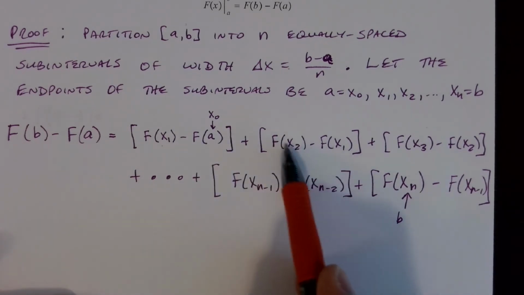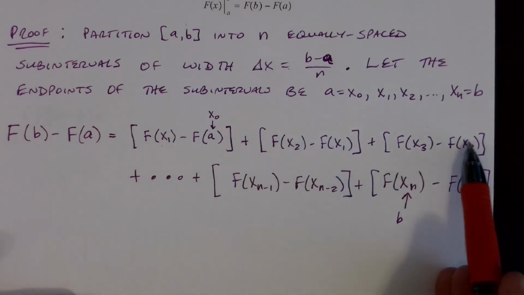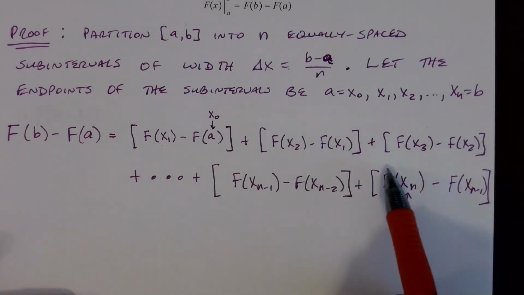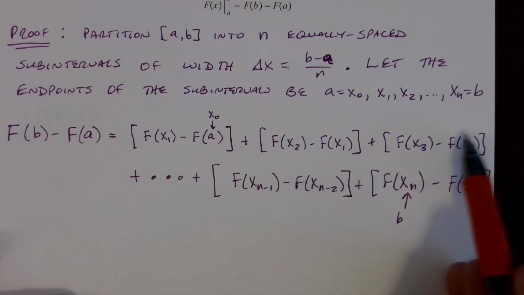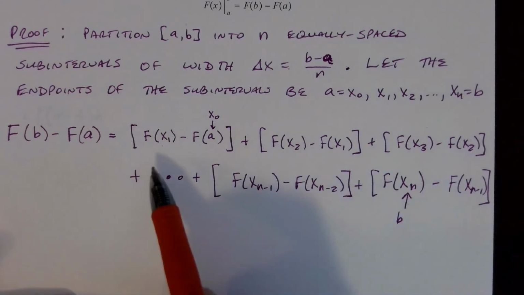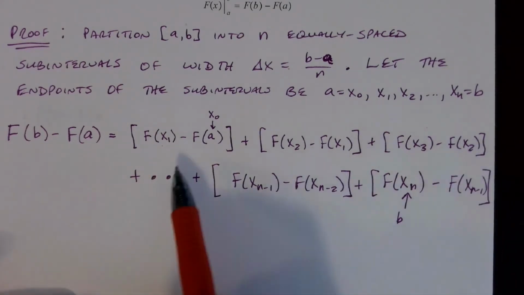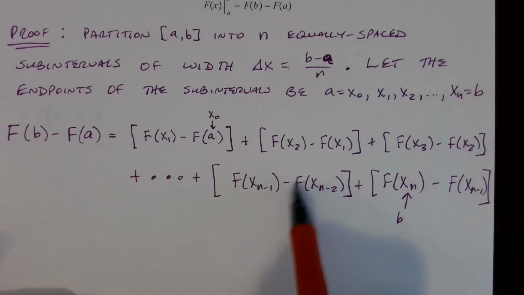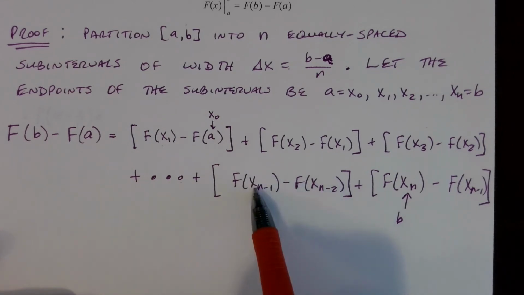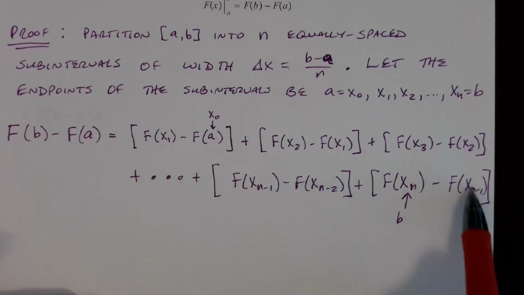F of x sub 2 minus F of x sub 2, that's going to go to 0. This F of x sub 3, the next one over here in this dot dot dot will be minus F of x sub 3. It will cancel. Back here, there'll be an F of x sub n minus 2 minus F of x sub n minus 2, which is 0. F of x sub n minus 1 minus F of x sub n minus 1.